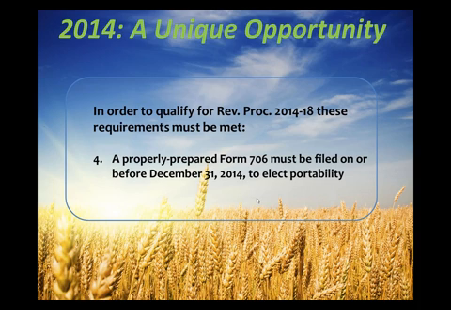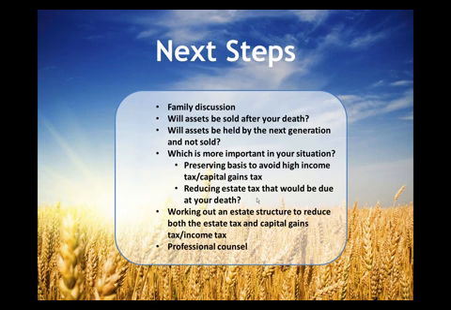But there is a provision included in this RevProc to use estimated values. And in fact, outside of this RevProc, going forward, if an estate wants to get the portability but otherwise would not be required to file, that estate can also use some estimated values if necessary.